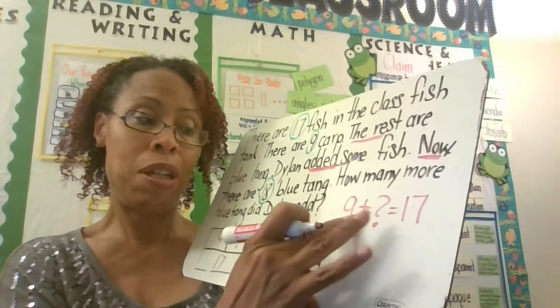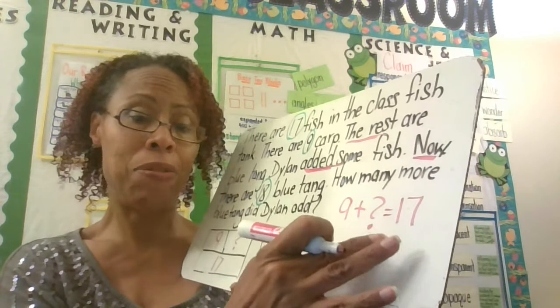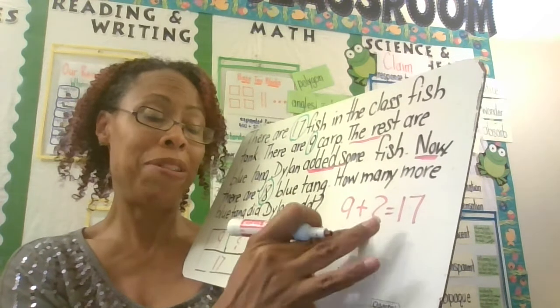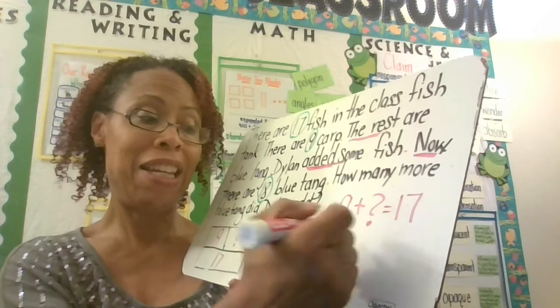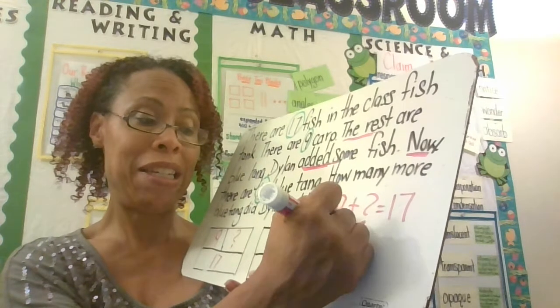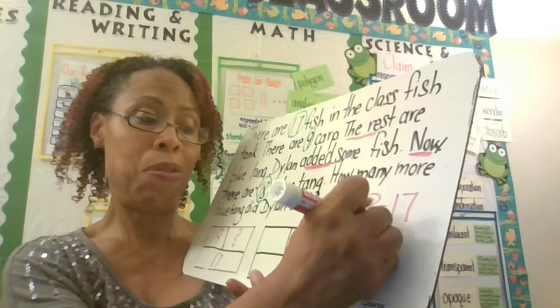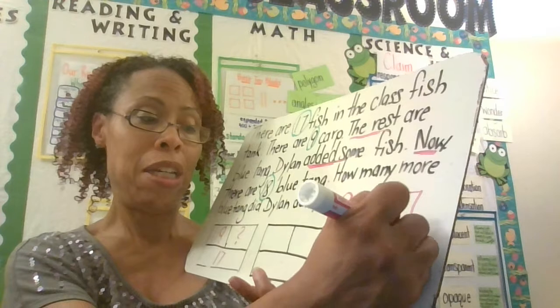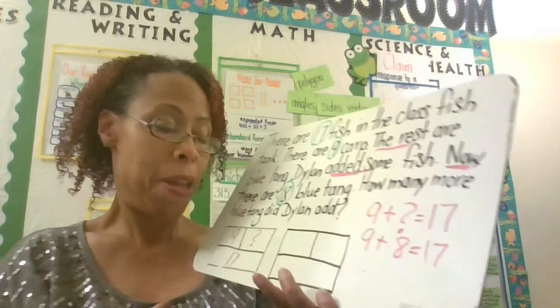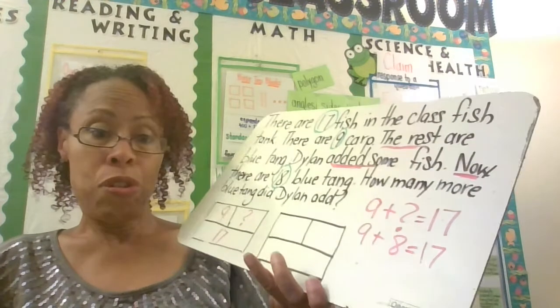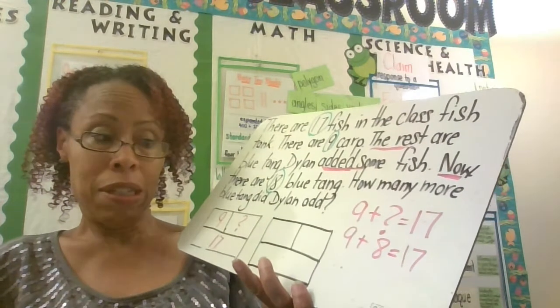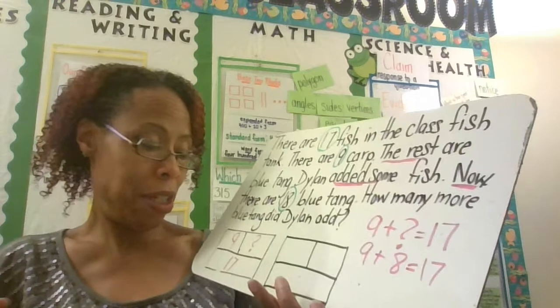So if 9 plus 9 equals 18, then 9 plus 8 equals 17. So use what you know. The double 9s is 18, and then 1 less will be 17.